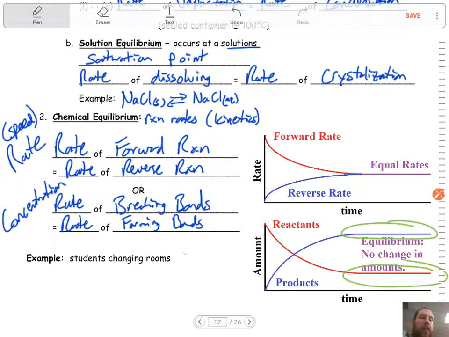This is something very important here, guys. Constant is the key. Constant amount is what you're looking for when it talks about the rate of breaking bonds and forming bonds. So there's two things: the speed at which the reaction happens, or the amounts. Constant amount, not necessarily the same amount.